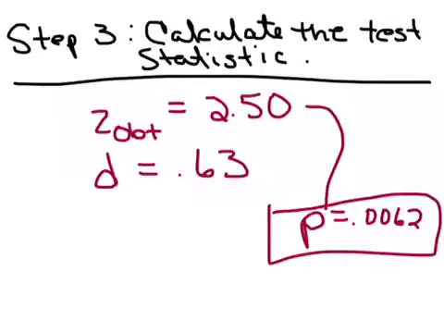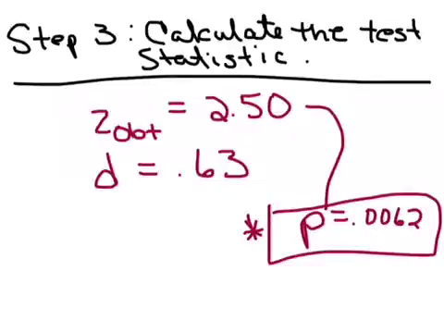So you don't need to worry about finding something different. If you did multiply it times 2, I'd be perfectly fine with that. And you would end up with 0.0124. But don't worry about that. Just give me the p-value you find, because this is the only time that will change.